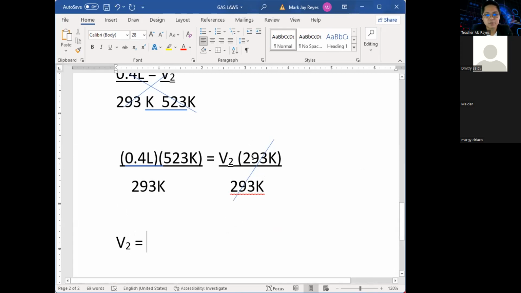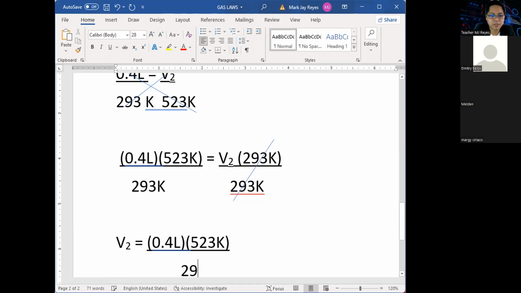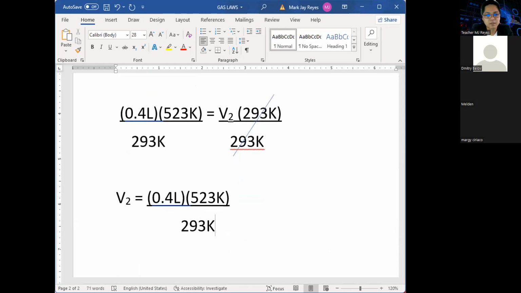V2 is equal to, we already isolated it, correct? 0.4 liters times 523 Kelvin over 293 Kelvin. Cancel like terms.